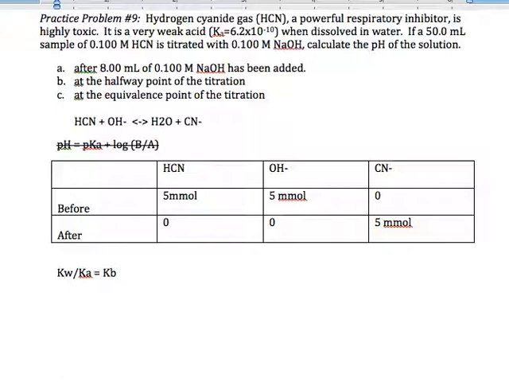I forgot to do this one, so I'm going to do it real quick. All right, and I get 1.61 times 10 to the negative fifth.